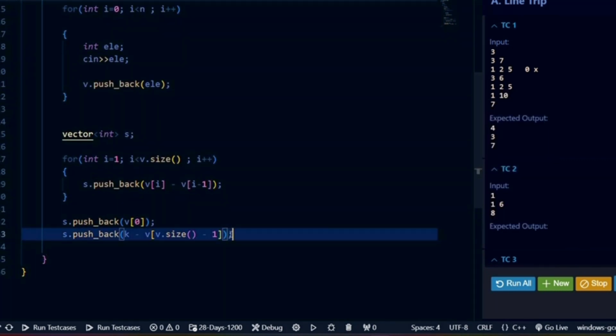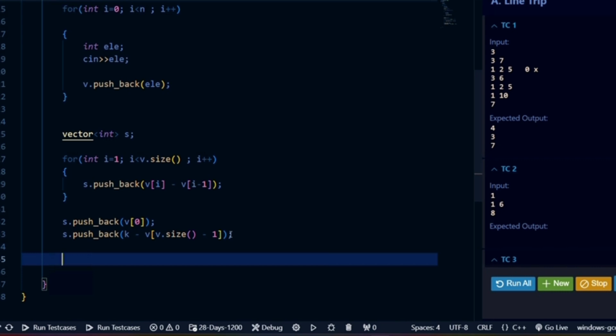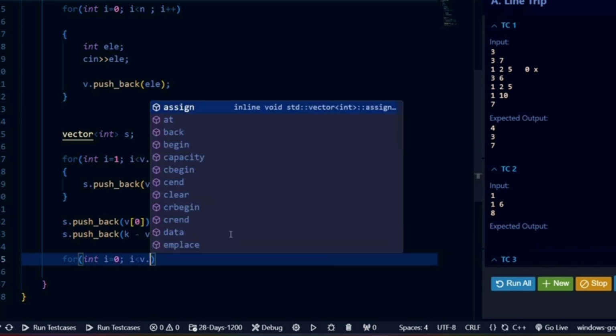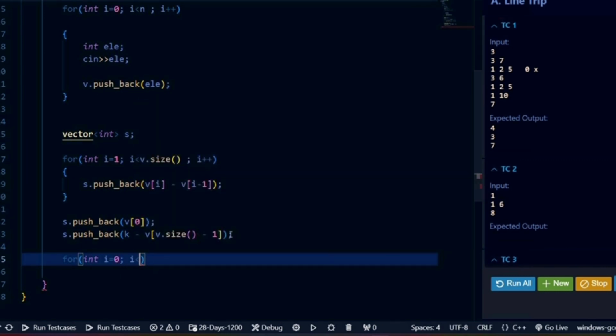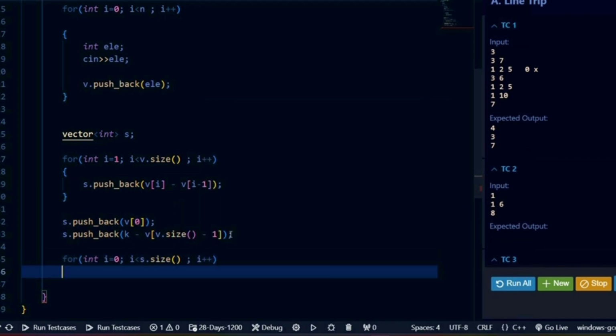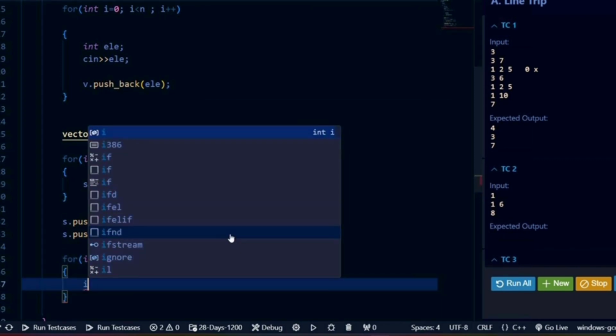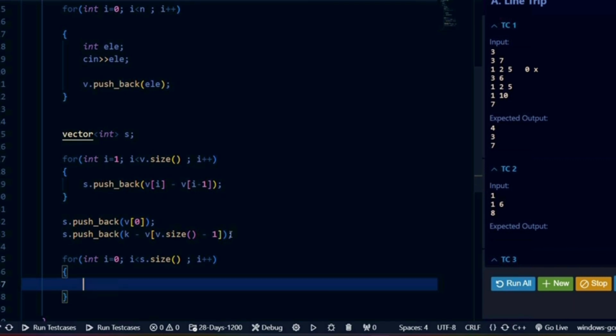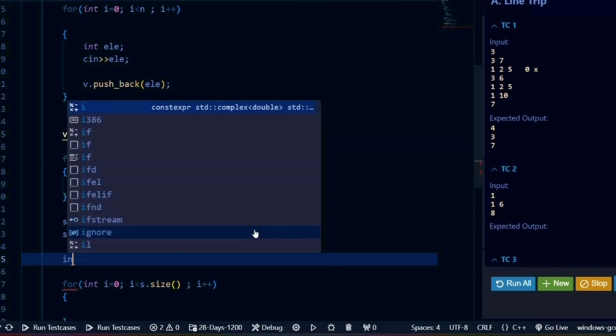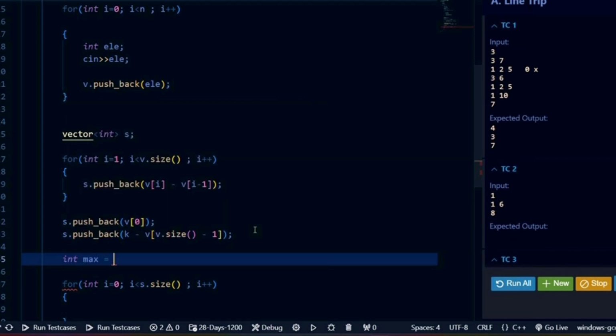Now I need to take the max of these values. Int max equal to 0.